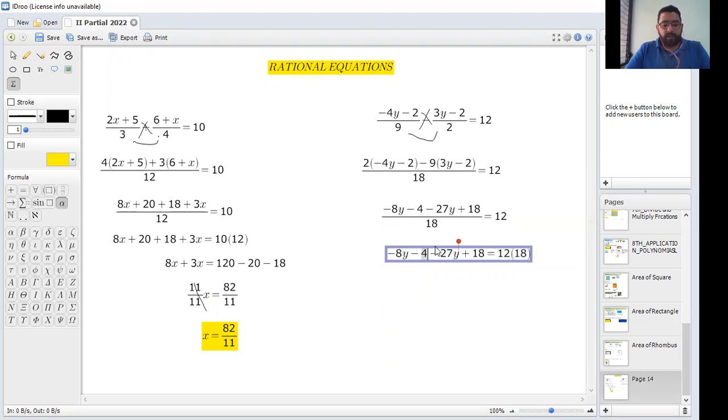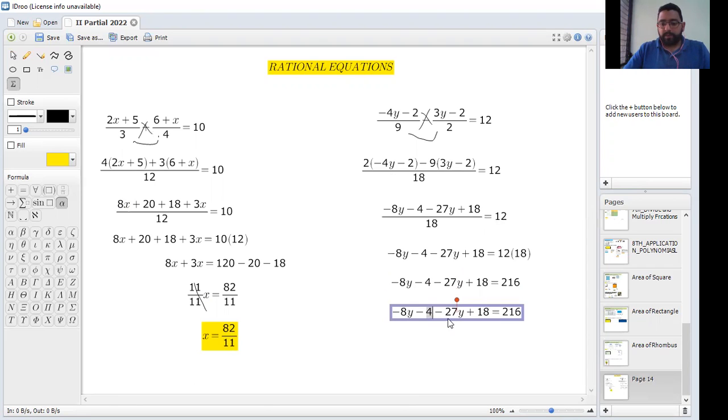What you have to do now is solve the operation 12 times 18, and also organize the common variables. 12 times 18 is 216. Now arrange variables on one side and constants on the other side. So you're going to have -8y minus 27y and 216.